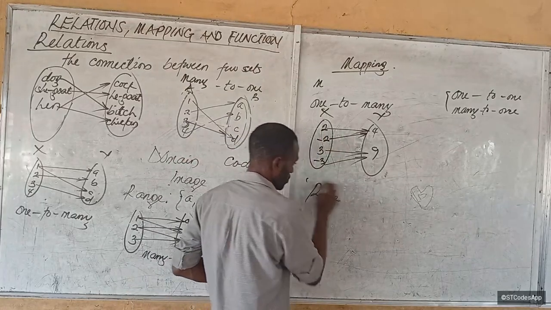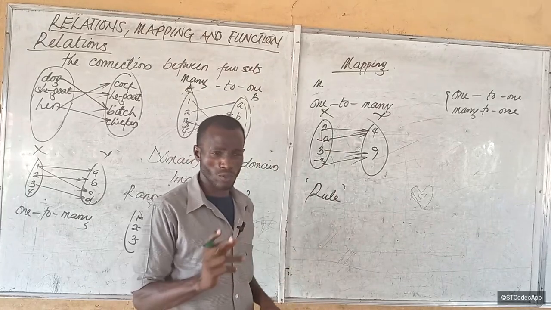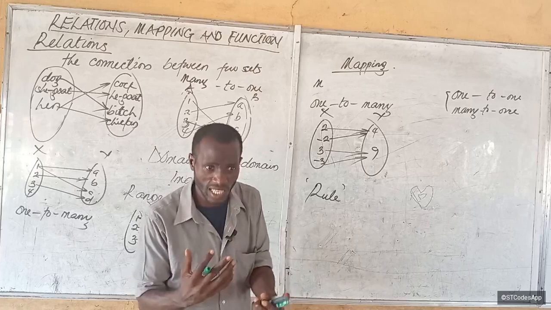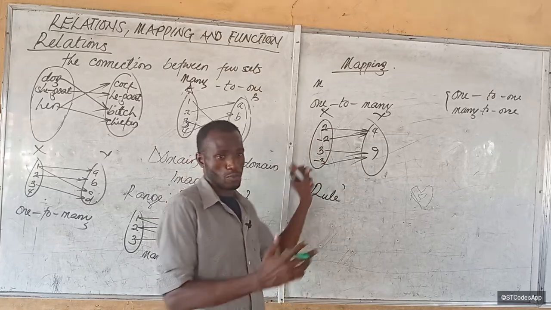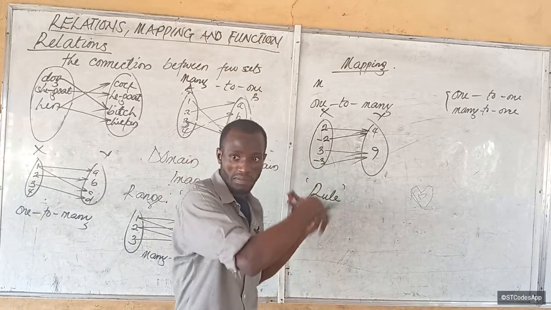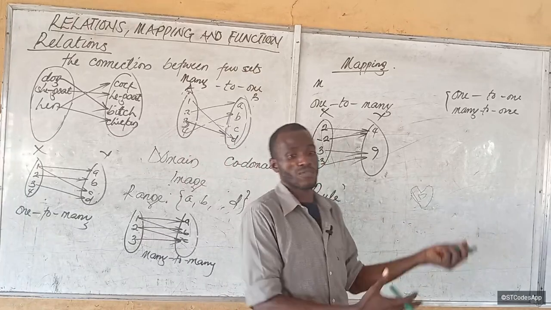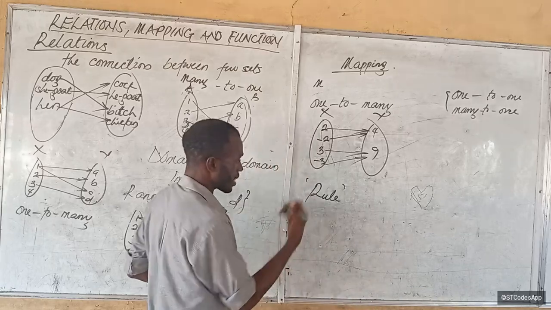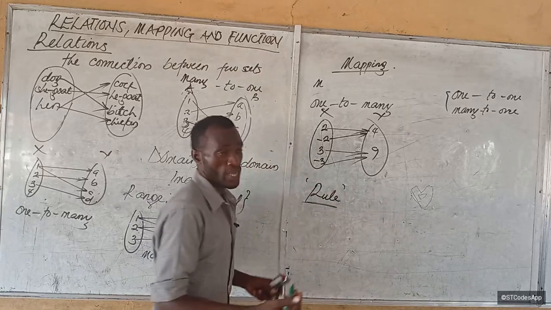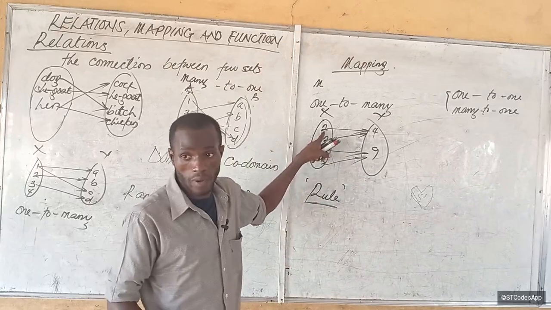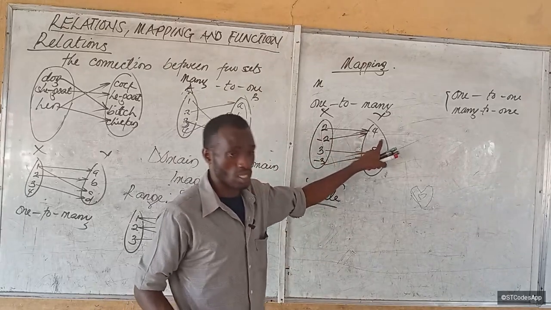When I was introducing it to one of you, I said you could think of it as a machine. You put something in that machine and it produces something out for you. Do you understand? Okay, so it's the same way here. It's called the rule that gives every member of the domain an image in the codomain.